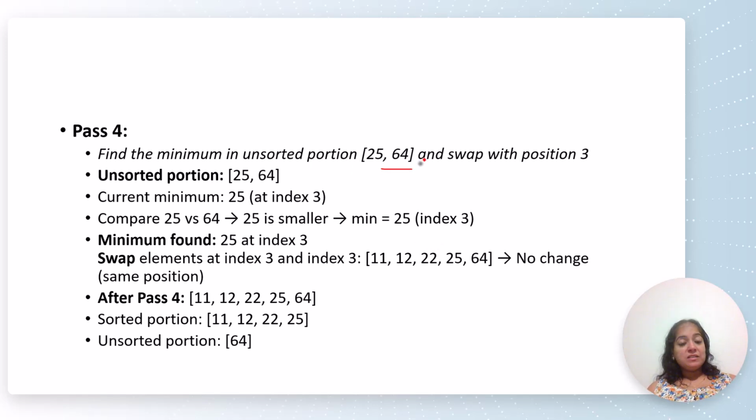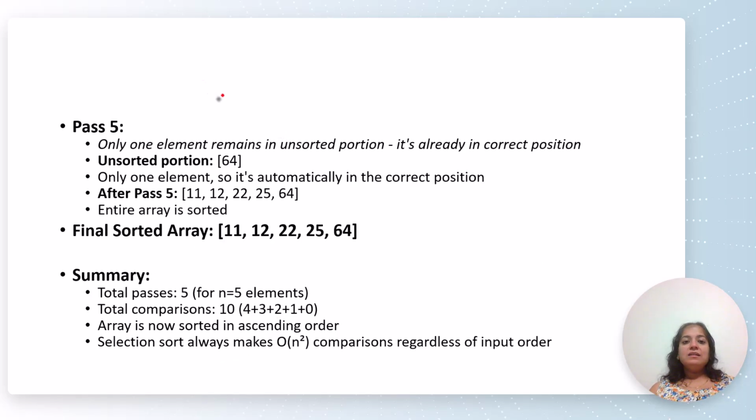So 25 is the smallest, and 25 is swapped with itself. Since one element remains in pass 5, nothing is going to happen there, so it is automatically at its correct position. So your final sorted array is this one.